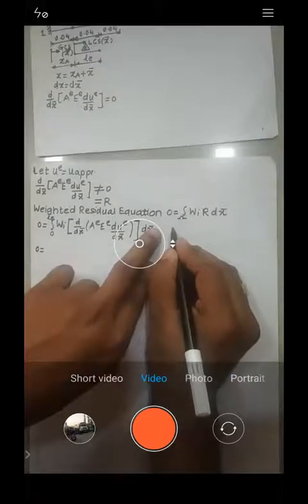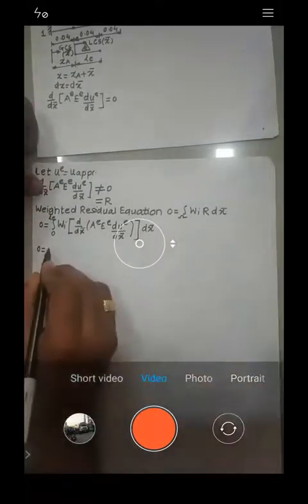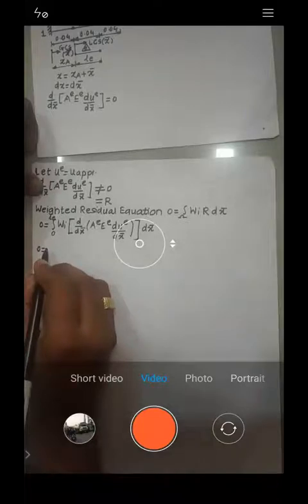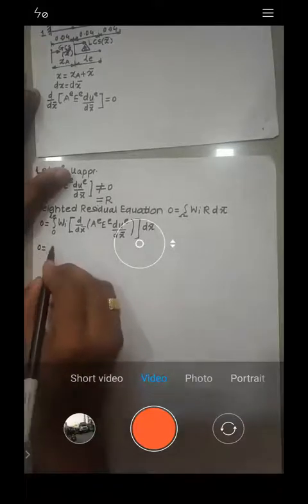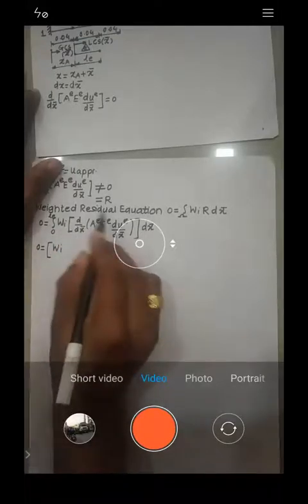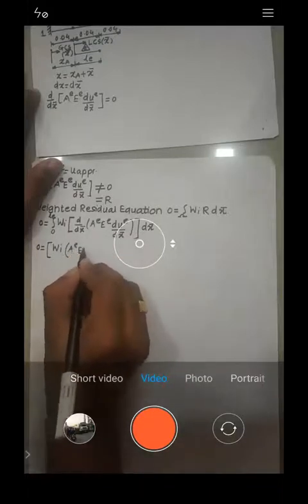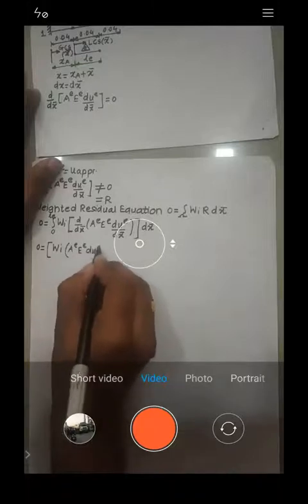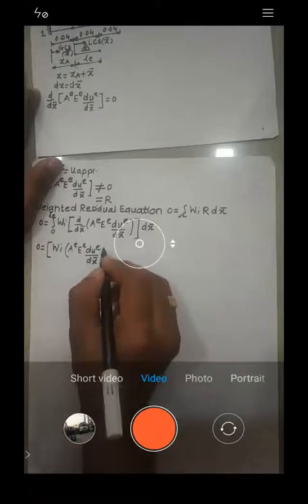U as it is, integration of V. First term into integration of second. What is the integration of second? It is AE EE dUE by dx bar. First into integration of second.